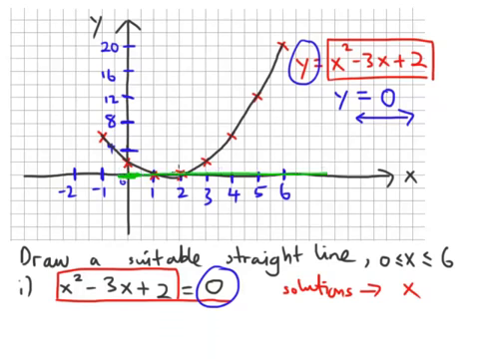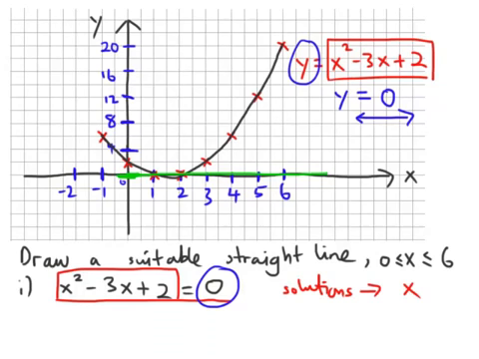And then where is the point that the line that we just drew, which is the green color line, and the graph that we have drawn just now, y equals x squared minus 3x plus 2, where is the intersection point? The intersection points would be your solutions.